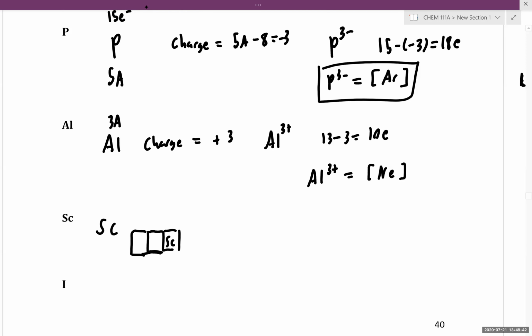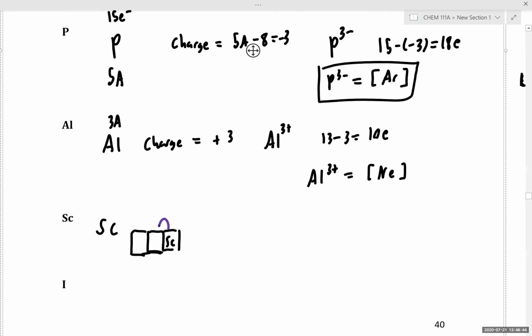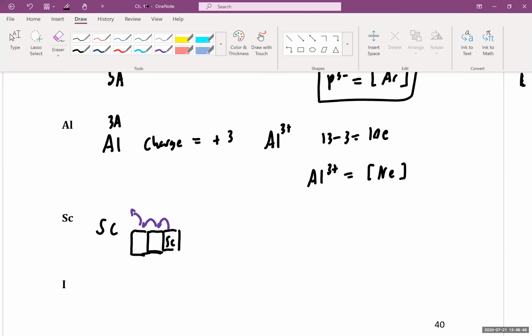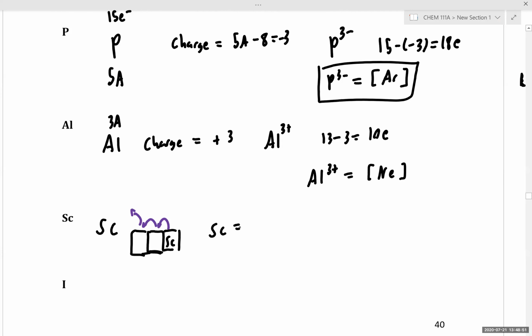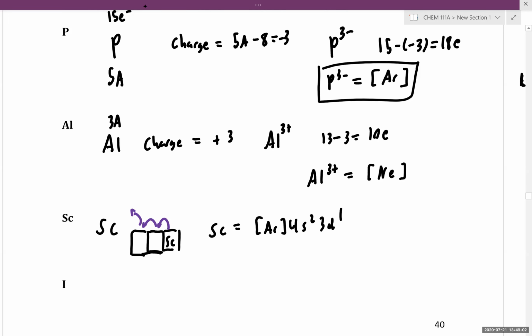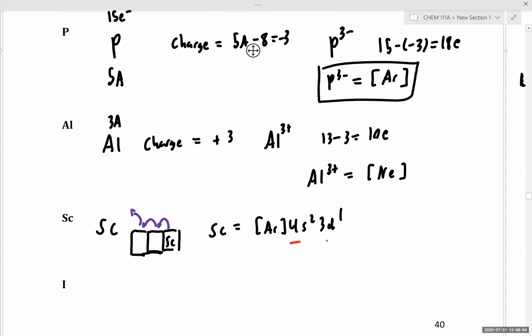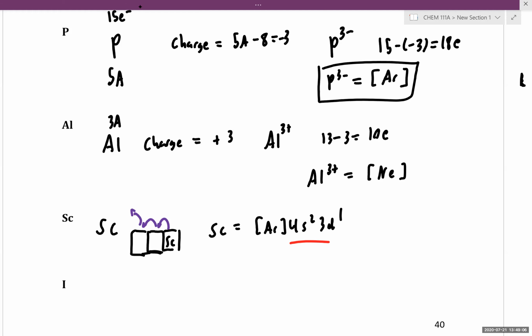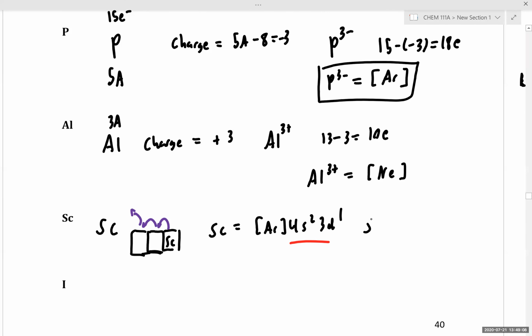If we wanted to lose our valence electrons and generate a noble gas configuration, scandium's baseline configuration would be argon 4s2 3d1. To reach a noble gas configuration, we'd have to lose our valence electrons, and that would give us a configuration for scandium 3+ of argon.